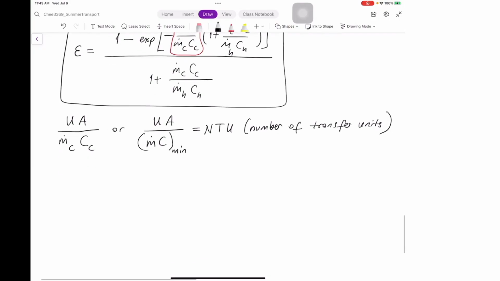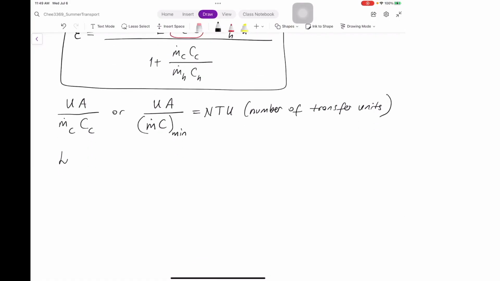So let's do some more definitions here. So let us simplify things by just changing the variables.